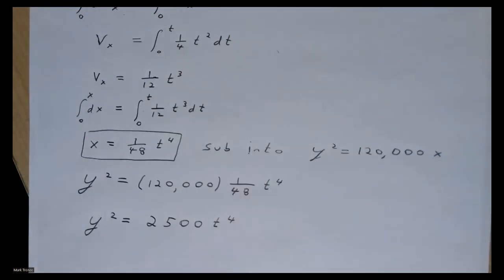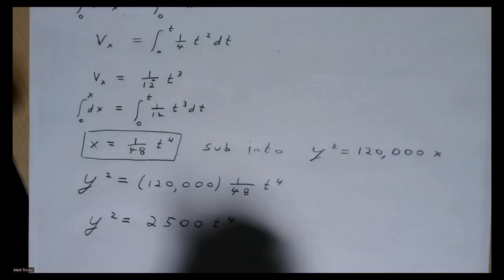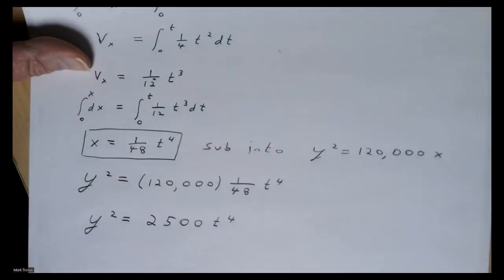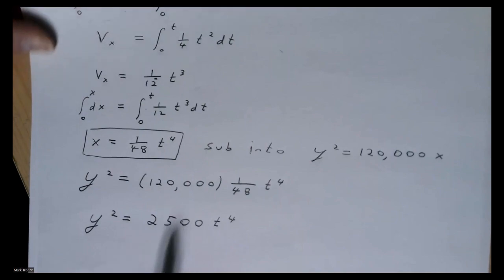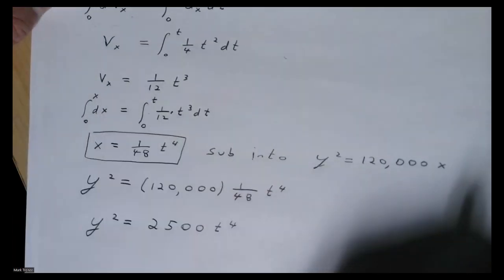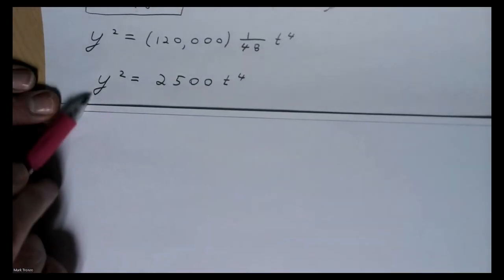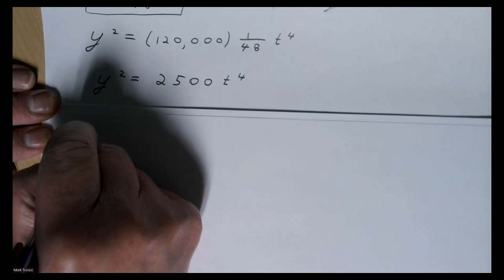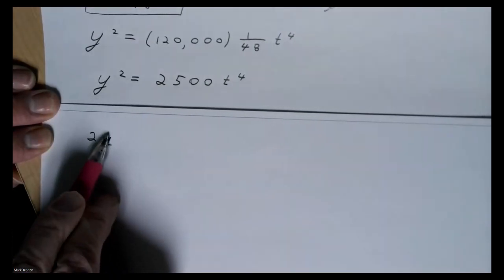And so now we're going to need to know the velocity. And so, like I said before, we need to know y dot. So take the derivative of this. And again, we're taking the derivative with respect to t to get y dot. So the right-hand side will be just like the usual derivative. The left-hand side we'll have to do implicitly. So again, do the chain rule. So we have 2y. But then we have to take the derivative.